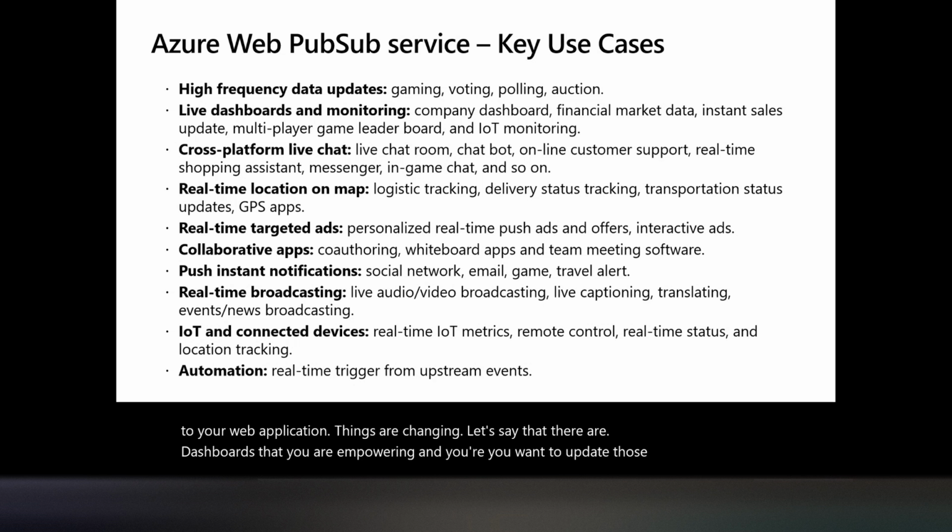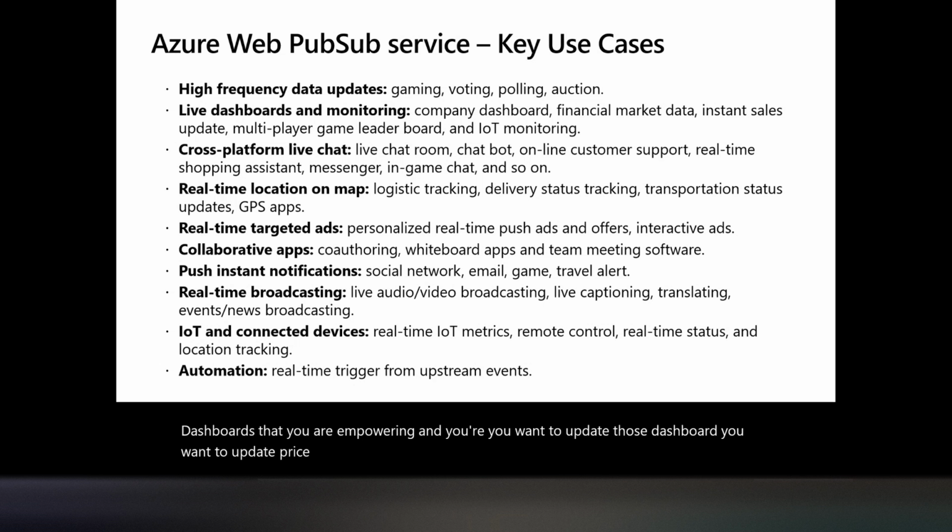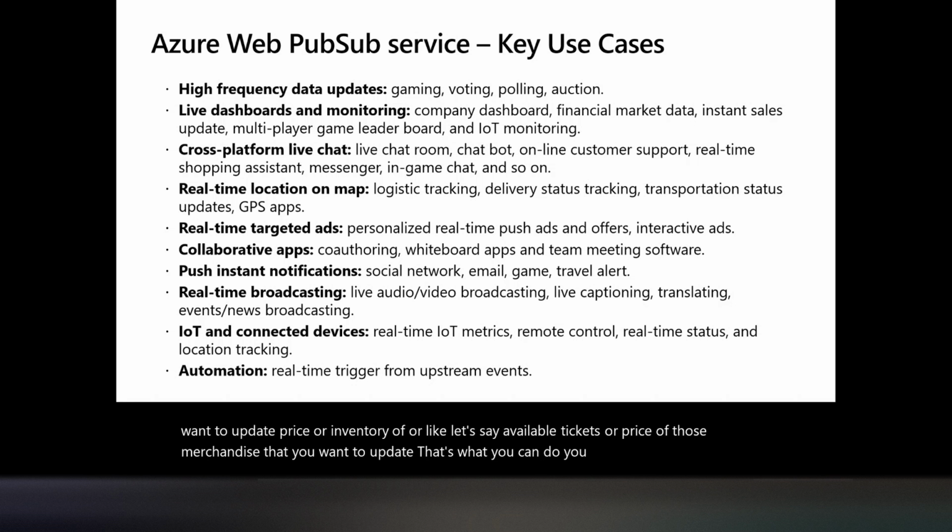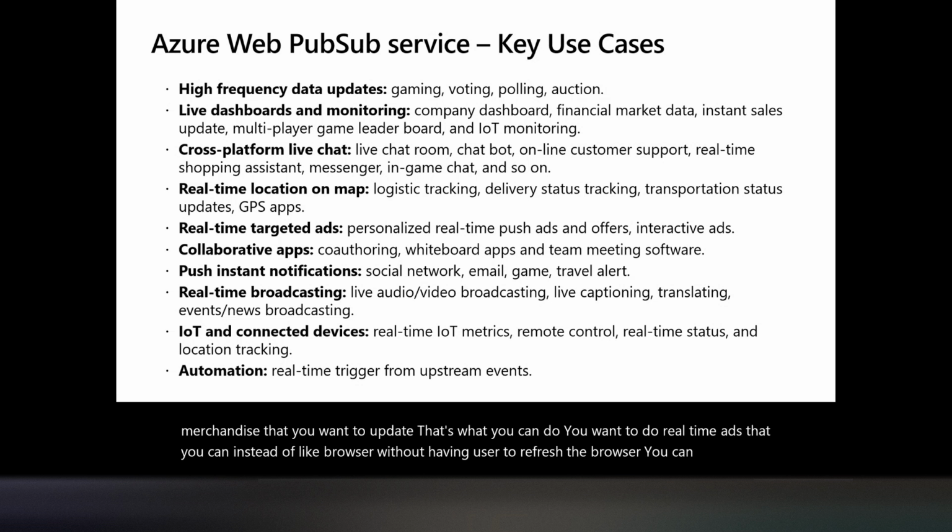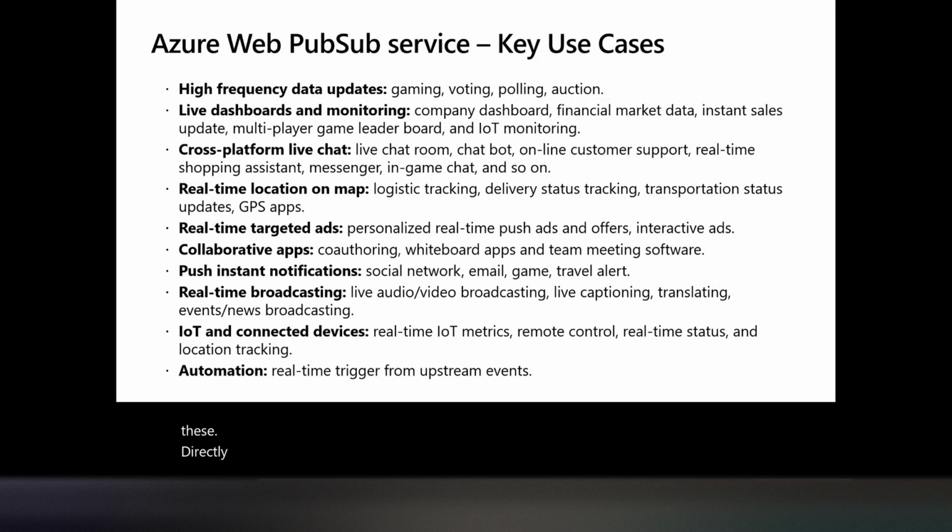You want to update price or inventory, or let's say available tickets or price of merchandise. That's what you can do. You want to do real-time ads, you can do that, instead of the user having to refresh the browser, you can send these directly to the user's browser.